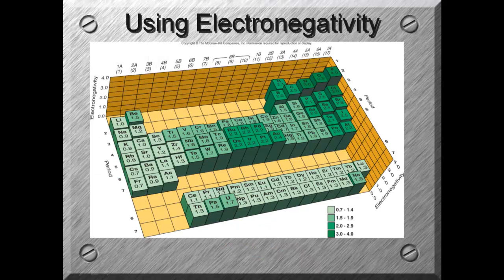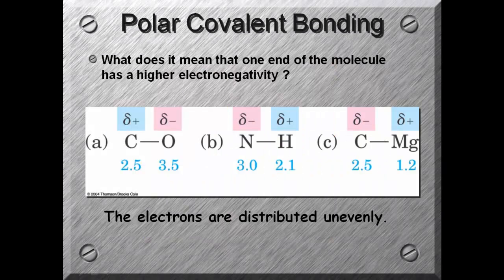We talked about electronegativity in the student presentations. Electronegativity will be really important for us when predicting what type of bond will be present between 2 elements in a compound. Let's discuss polar covalent bonding. So what does it mean that one end of a molecule has a higher electronegativity?